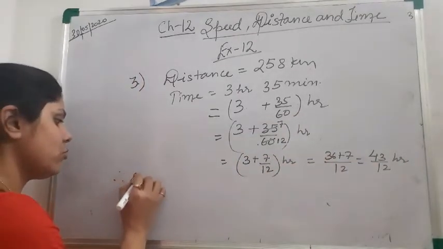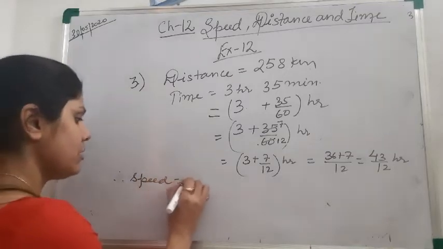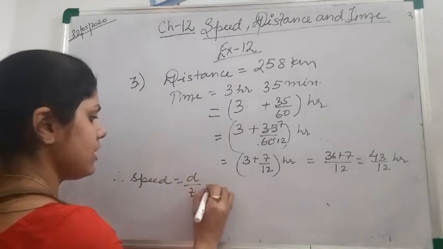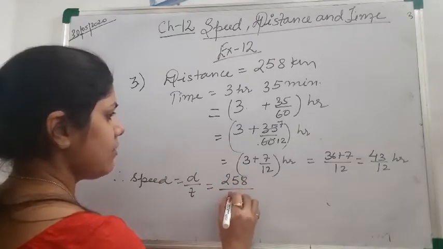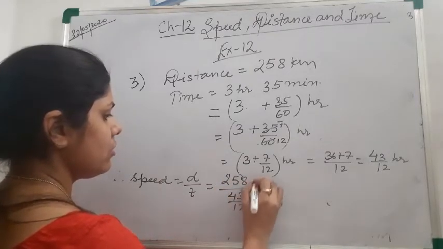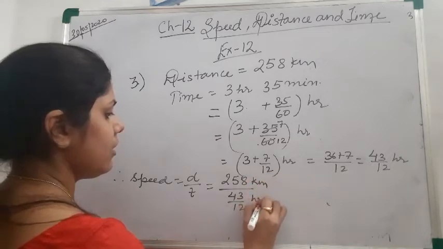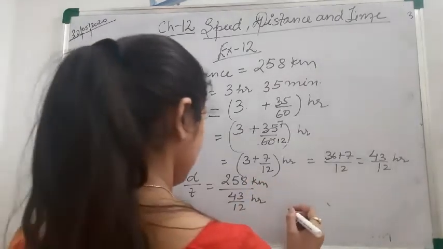Now you have to find speed, which is equal to distance upon time. The distance given is 258 kilometer and the time given is 43 upon 12 hour.